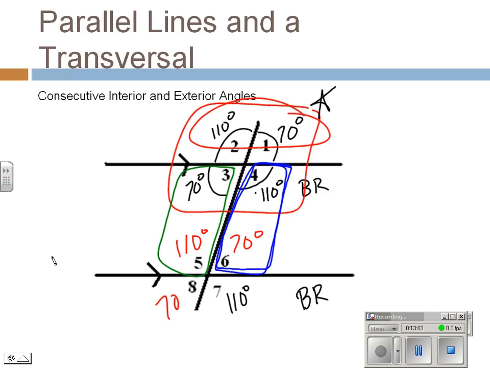So I'm going to put a star by this one and a star by this one, and they add up to 180 degrees. And then angle 2 and angle 8 also add up to 180 degrees. So consecutive interior angles, their sum is 180. Consecutive exterior angles, they also add up to 180 degrees.